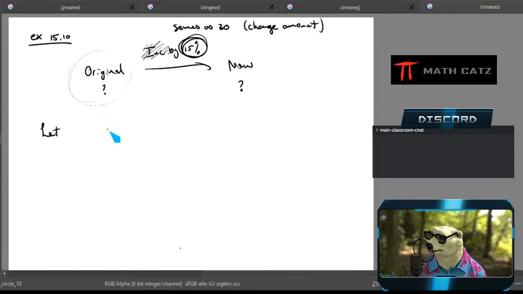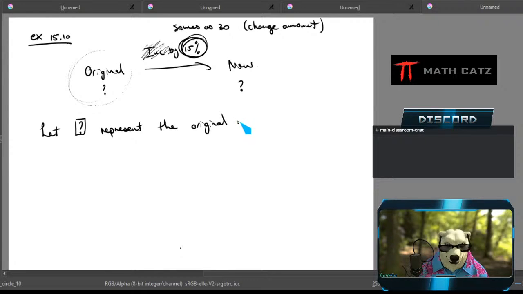How I get there? I'll get there in whatever way feels efficient for me. And what feels efficient for me is to define a symbol for the original. So let question mark in a box represent the original number of workers.